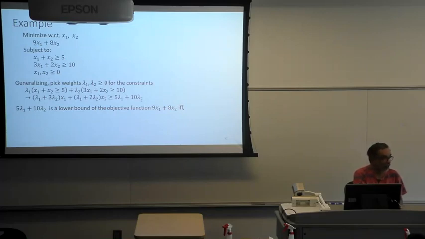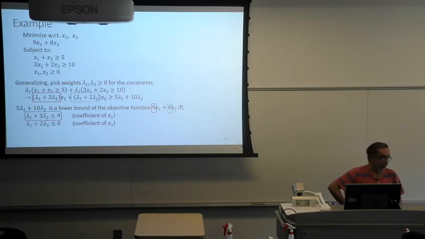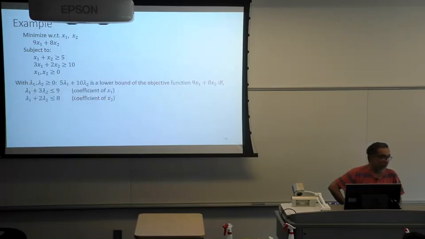This coefficient of x2, lambda 1 plus twice lambda 2, can never exceed 8, right? So the coefficient of x1, I get this. And then I get this as my constraints. Okay, so these are my constraints.